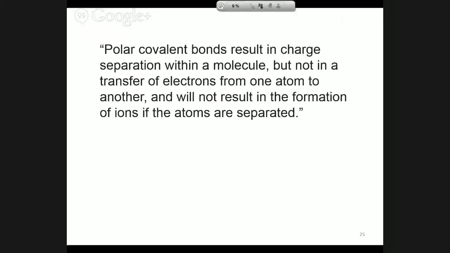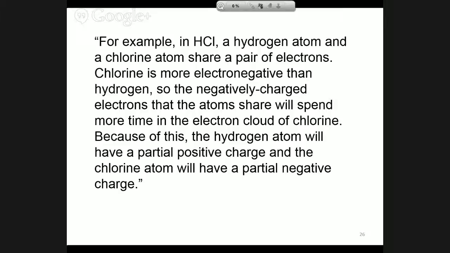They are partial charges. It's not like the positive sodium ion and the negative chloride ion, but rather across that bond there's a partial charge. And, sorry, the picture that depicts that is coming up a little bit later on.